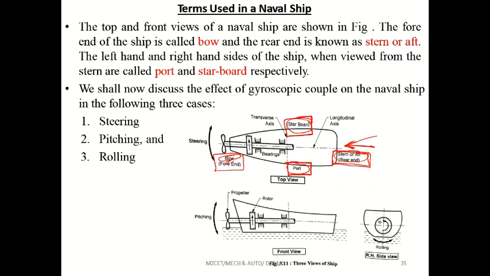Similar to the previous airplane case, here also when you view from the rear end, if the propeller rotates clockwise and the ship turns towards the right hand side, then the bow will move upward like this and the stern will go inside the sea.